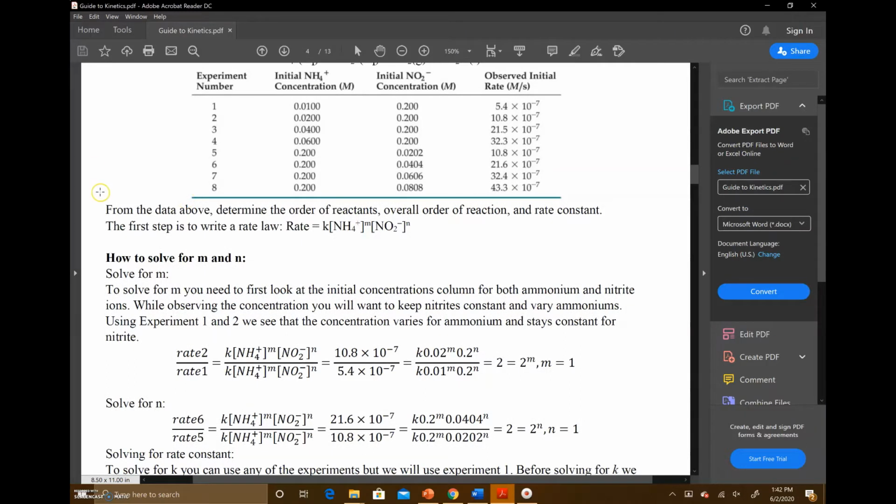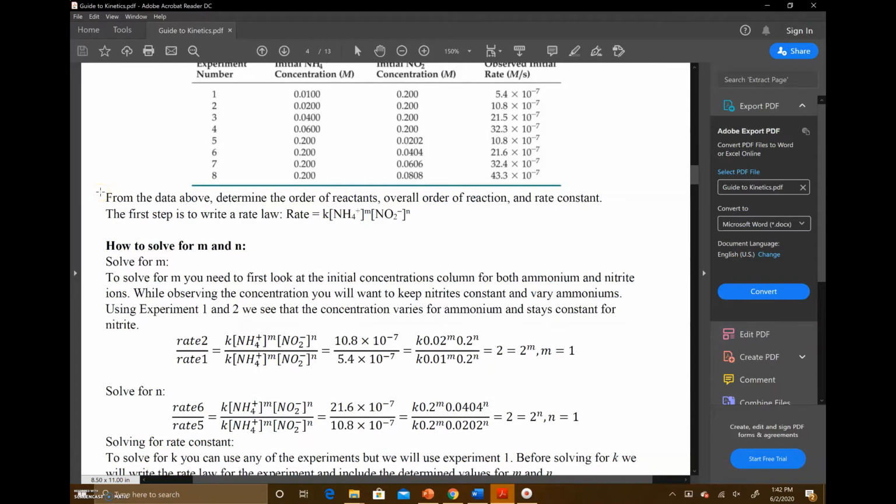So this is the same data chart that we just looked at, but if you notice here, you'll see that we have the rate of 2 divided by rate of 1, and then we have rate of 6 divided by rate of 5, and that's based off of the rate laws and looking at the difference in how they change concentration and the rate.